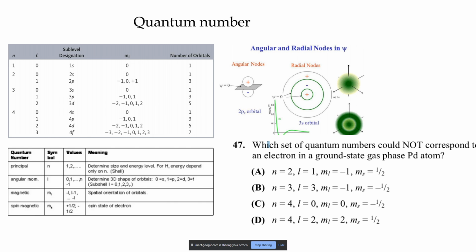All right, does anyone have any idea for this question? Because it's sort of difficult in the beginning when you first learn about this.